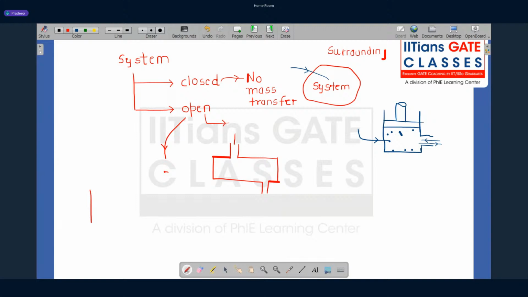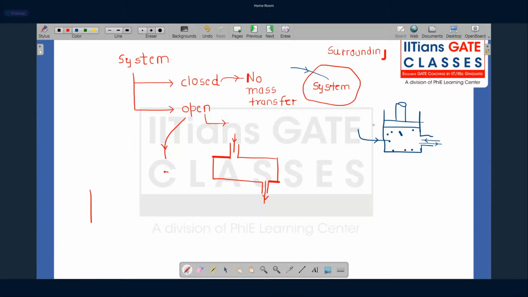In this case, what can happen? The fluid can come inside and the fluid can go outside. Mass is coming inside the system and mass is going outside the system. So this kind of system is called an open system. Examples of open systems are heat exchangers, turbines, compressors.